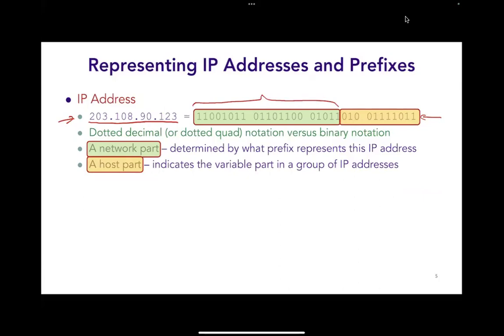So this network part represents a prefix which represents all the IP addresses which are covered by this prefix, where the yellow portion, which is the host part, could be anything from all zeros to all ones. Okay, so this would be 11 bits here. So 2 to the power 11 different IP addresses will be covered by this one single 21-bit prefix.